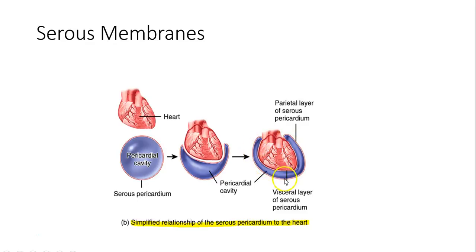Then there'll be a little fluid-filled space, and then there is an outer membrane lining the cavity. So this is the pericardium, the serous membrane that lines the heart. And so we can see there would be a visceral pericardium and a parietal pericardium.